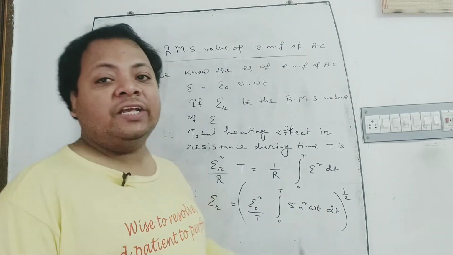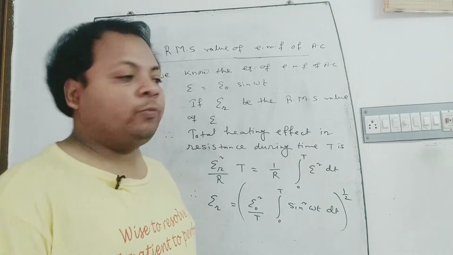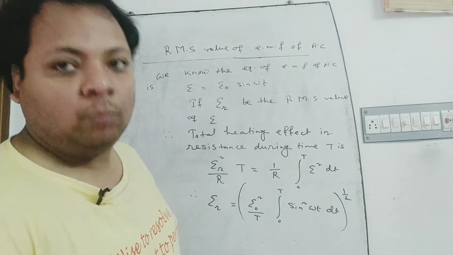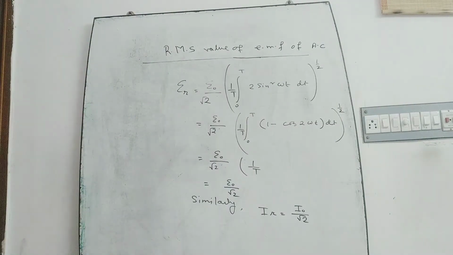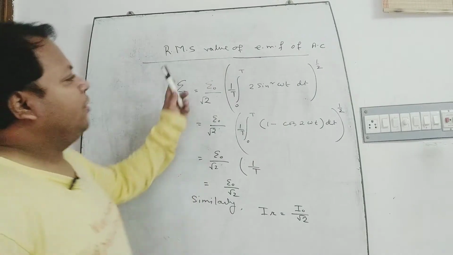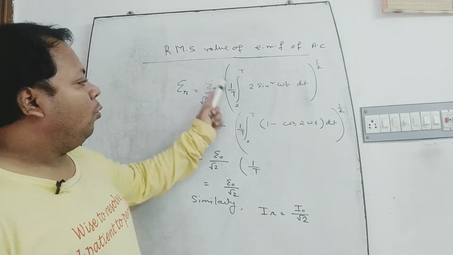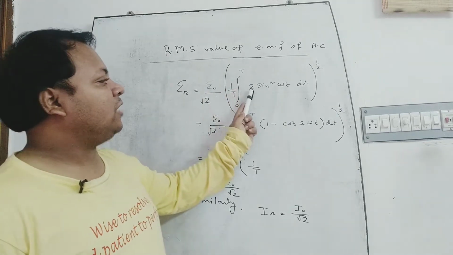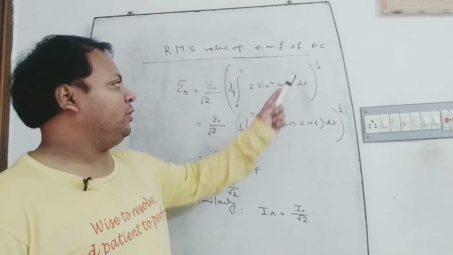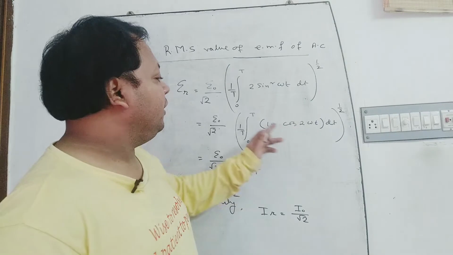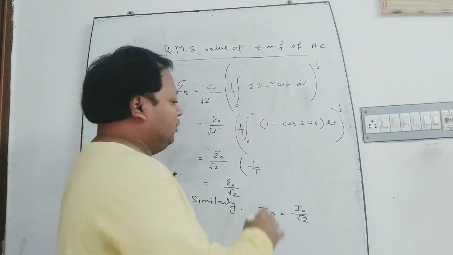Now we can easily find the expression of the RMS value of the alternating voltage. Epsilon r is equal to epsilon 0 root 2, 1 by T integration 0 to T sin square omega t dt, whole to the power half. Now the integration of cos 2 omega t during the total time period will be 0.